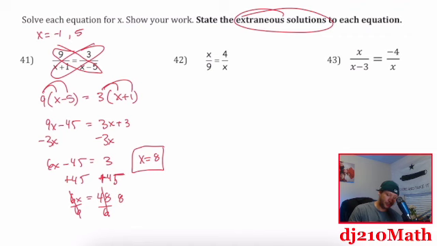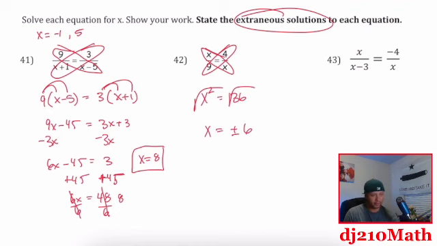Okay, 42. This is nice. X times x is x squared. 9 times 4 is 36. So square root of both sides. X is equal to plus or minus 6. Right, square root of 36 is 6. So we have 2 answers: negative 6 and 6.